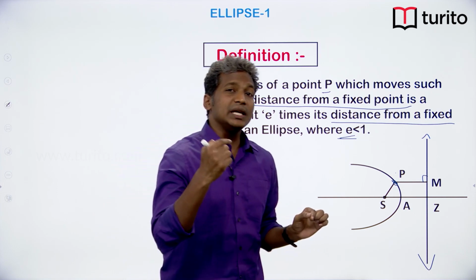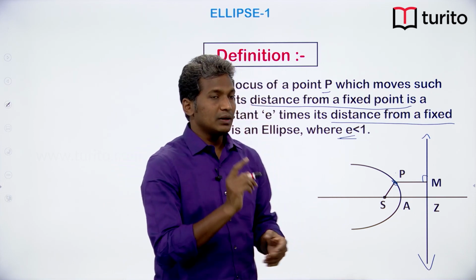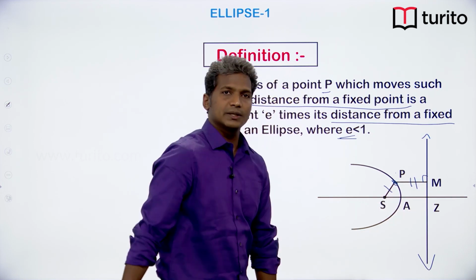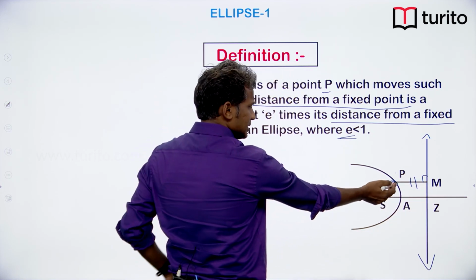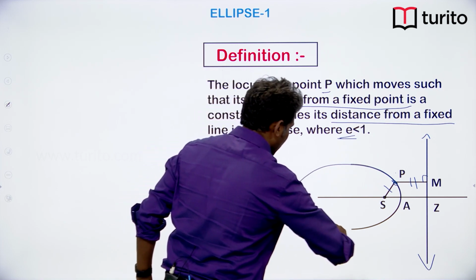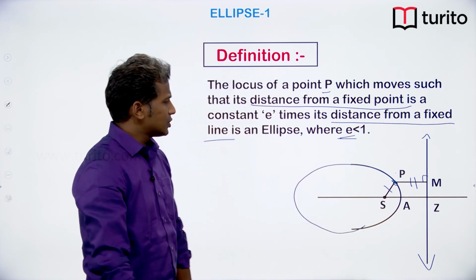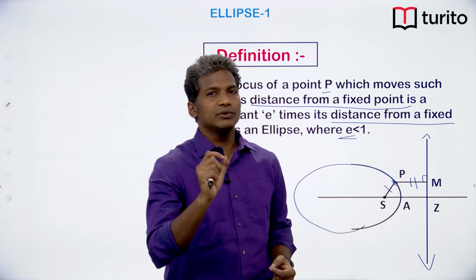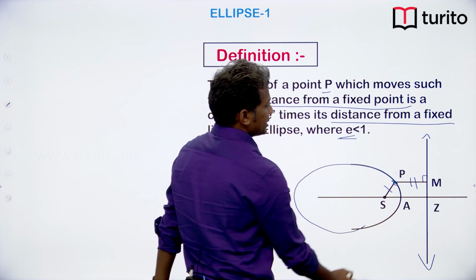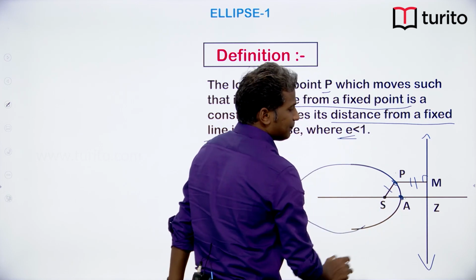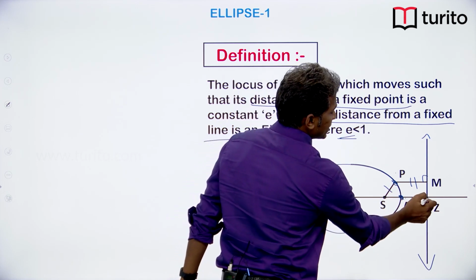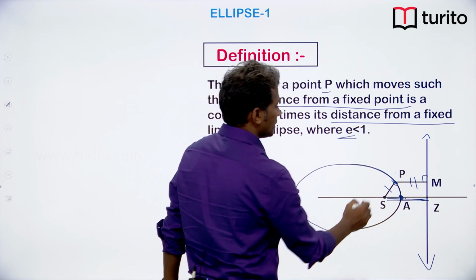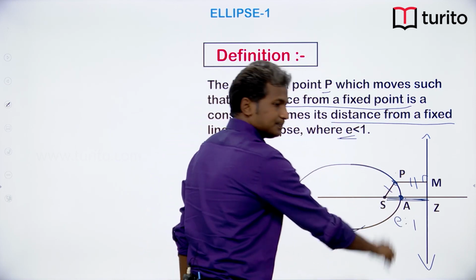Now because e is less than 1, this distance is definitely less than this distance. Now as P varies, we will get a closed diagram here. Okay. So now what is the guarantee of the closed diagram here? For that I will give you one simple thumb rule. For example, let us say we take this point A, which divides S and Z in the ratio e is to 1.